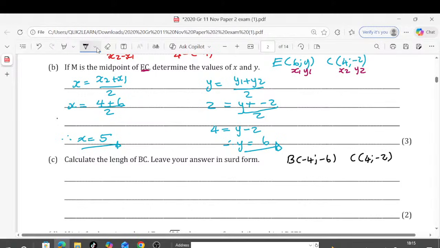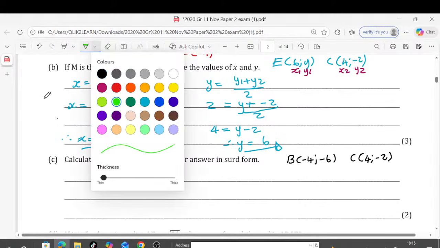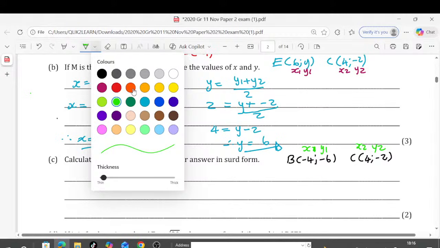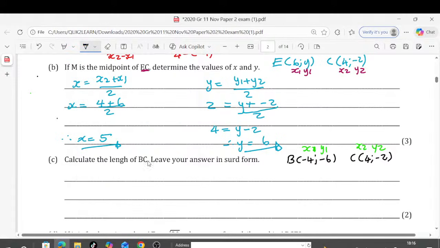Remember, we always name the points. Trust me, if you do this, there's no way you're going to get this thing wrong. So this will be your X1, Y1, and this will be your X2, Y2. The only thing left now is for us to use the distance formula.